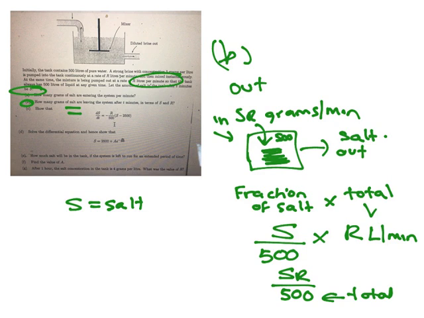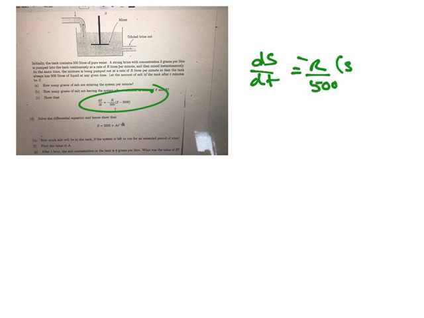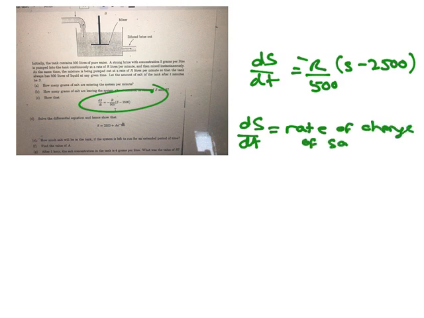Okay, so that's how many grams is going in and how many grams is going out. So what we want to do now is show that this differential equation, dS/dt equals negative R on 500 times (S minus 2500). That is the rate of change of salt in the system at any given time.